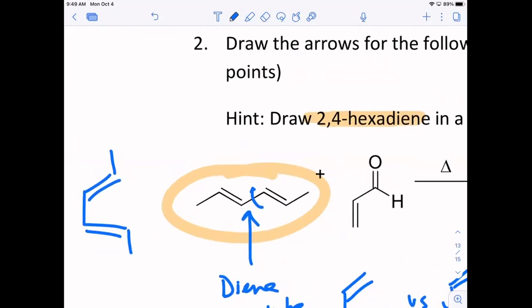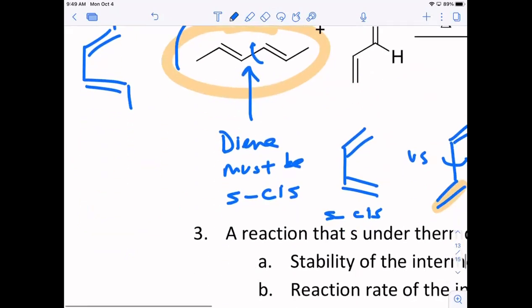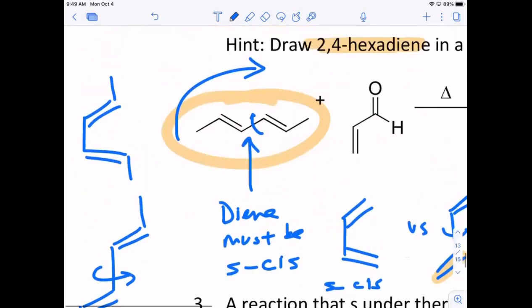If we flip it clockwise, let me draw that. This would be if we flip it clockwise. And then we rotate around this bond right here. That's going to give us this. I'm going to move that.